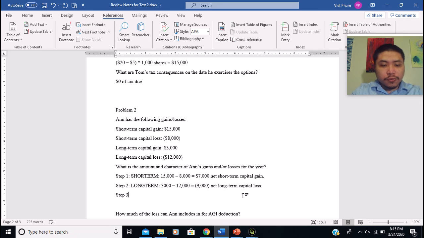We have $7,000 short-term capital gain and $9,000 net long-term capital loss. We net them together, $7,000 subtract $9,000, it's going to be a $2,000 net long-term capital loss. This is our final amount.